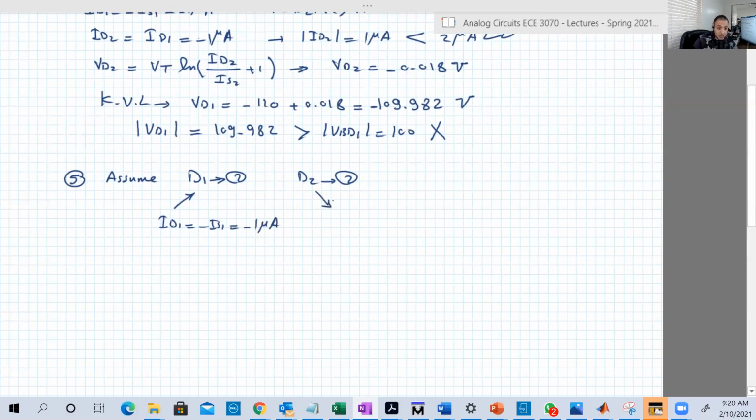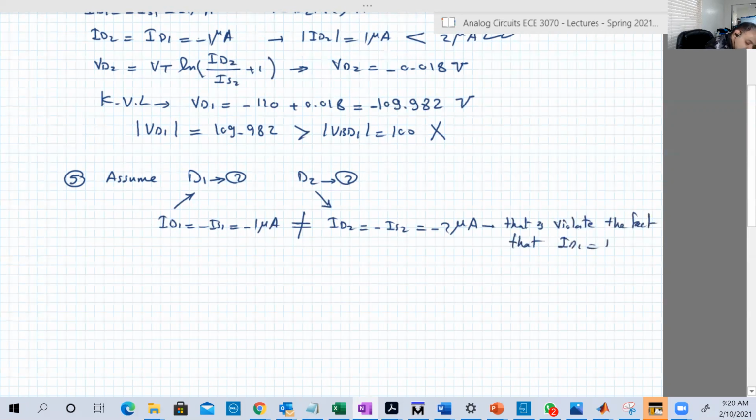And if we assume D2 is in 2 as well, ID2 equal to minus IS2, equal to minus 2 microamperes. And remember, ID1 should be equal to ID2, but these are not equal. That violates the fact that ID1 is equal to ID2 based on KCL. KCL is a fact, and KVL is also a fact. So that's also an incorrect assumption, right? Very easy.